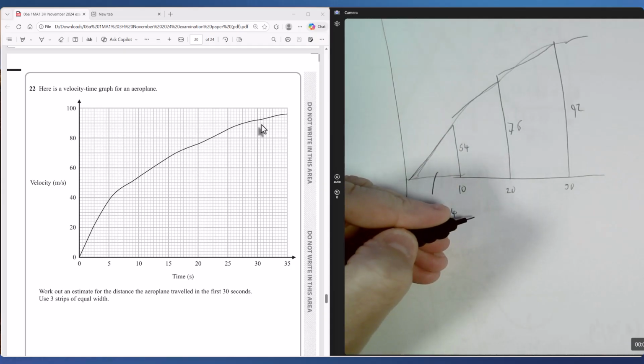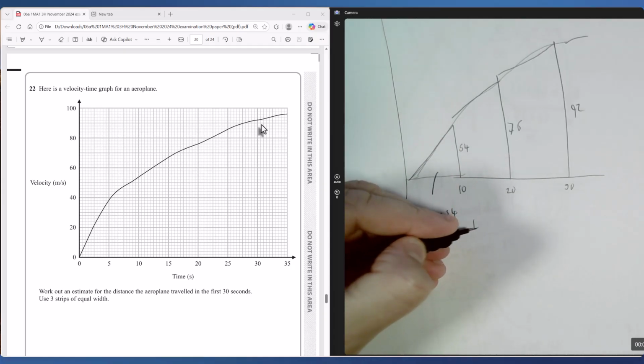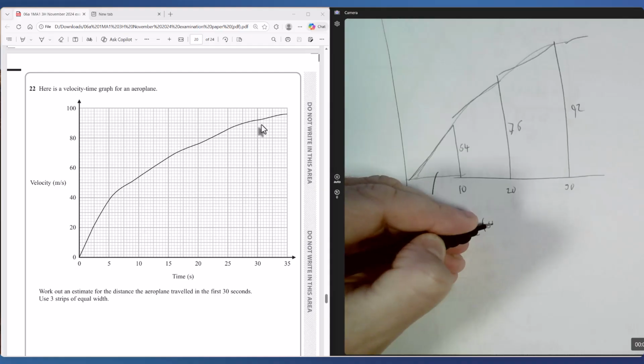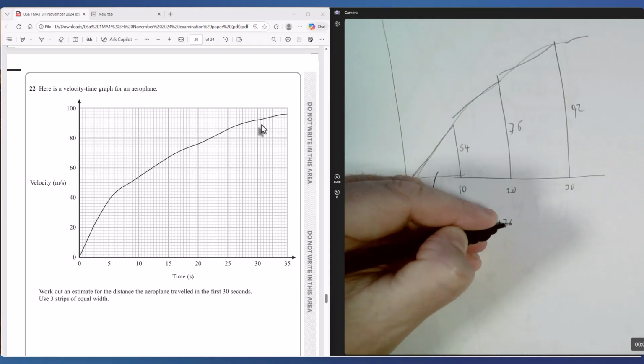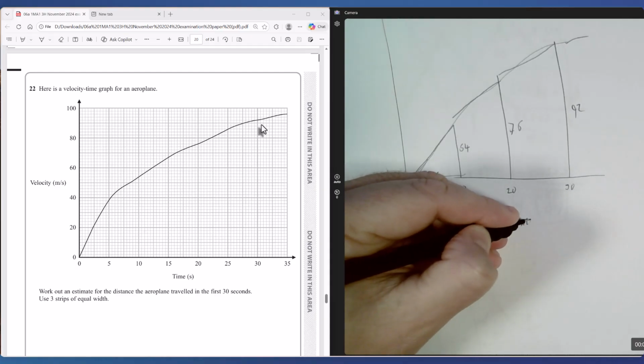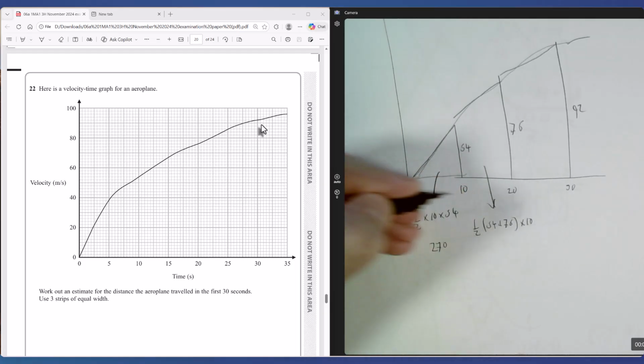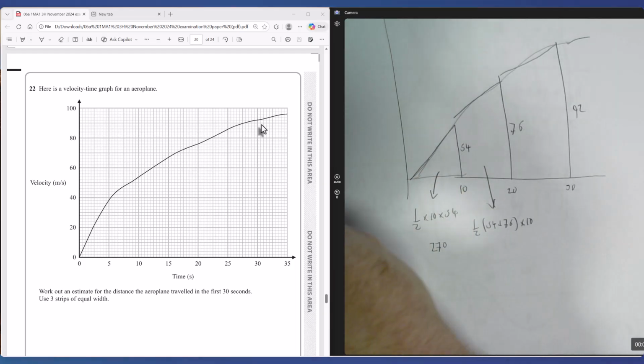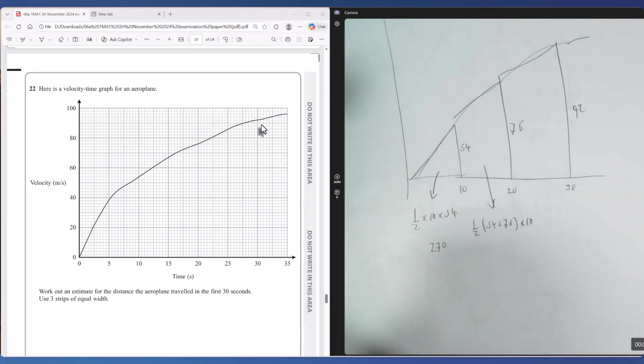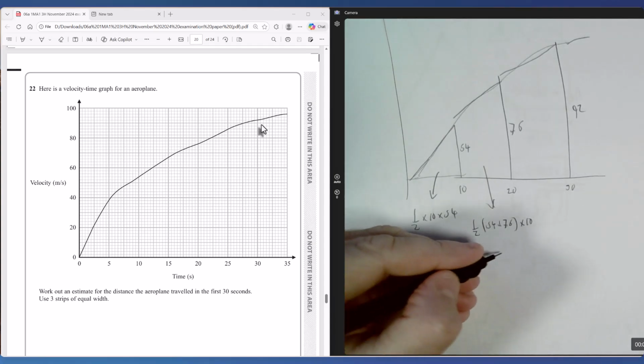Now this is a trapezium, so it's going to be a half times (54 add 76), times by the distance between them, which is 10. So this is the area of this one. So let's work that out. So that is 54 add 76 divided by 2, and then times that by 10 gives us 650 for that one.